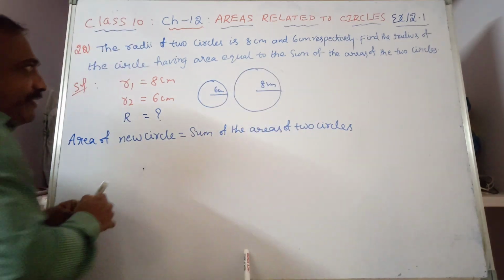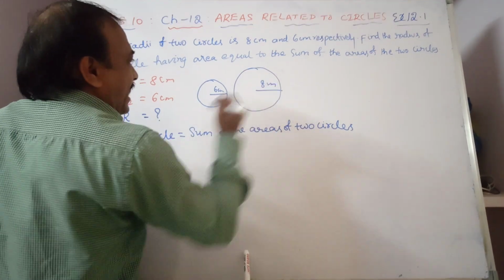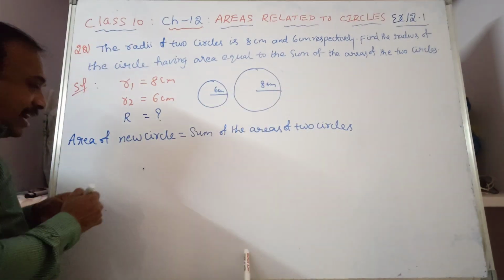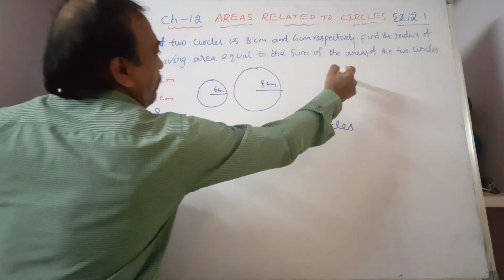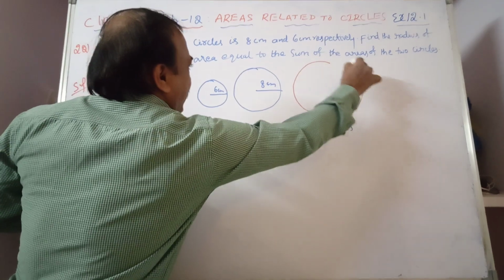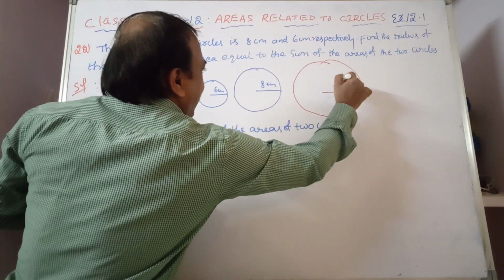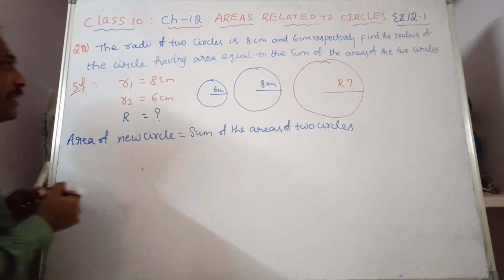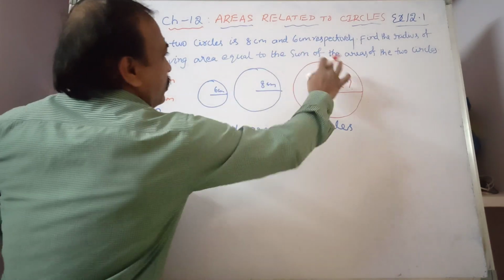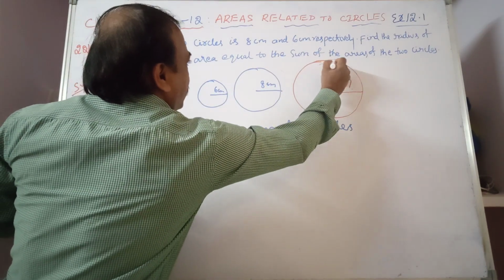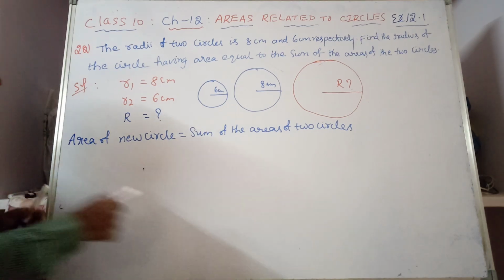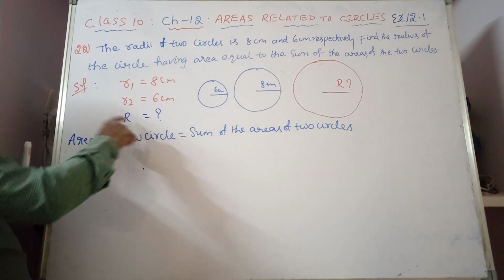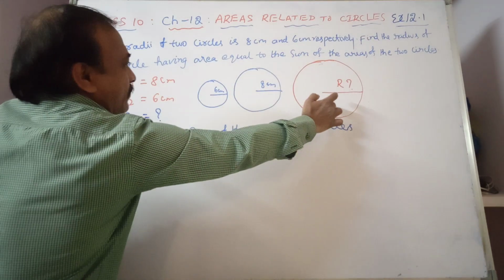Together, whatever area is there, that together area forms a new big circle, bigger than these two. And what is the radius of this circle? He is asking the radius. Okay. So this is the radius of the new circle which is formed. So we denote it by capital R.